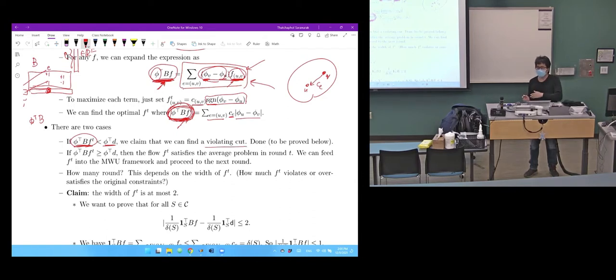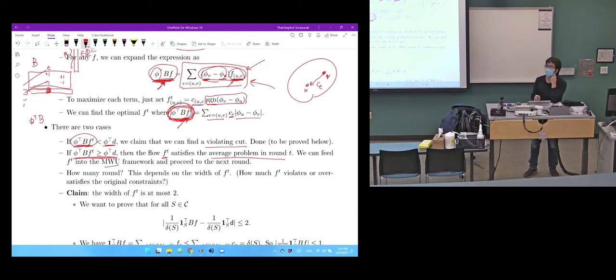I'm going to prove it at the last step. But if this thing is true, then it means that FT satisfies the average problem in round T. So you can feed it to the weight update framework and proceed to the next round.